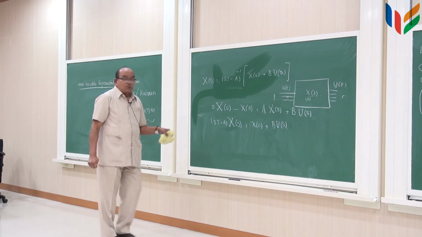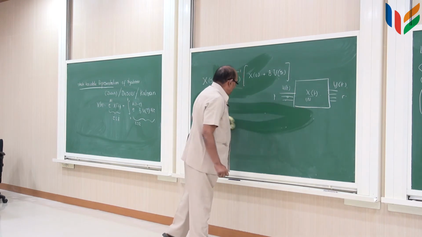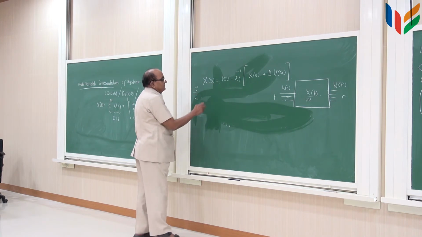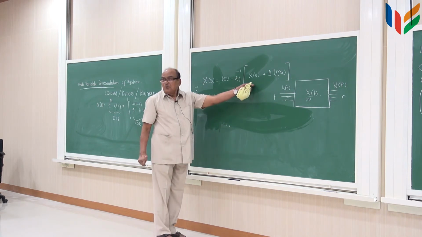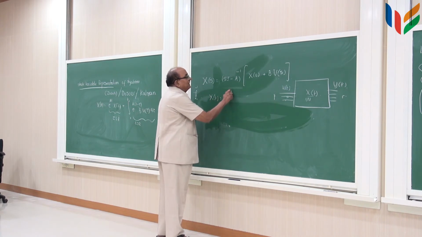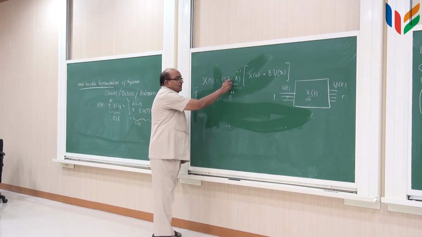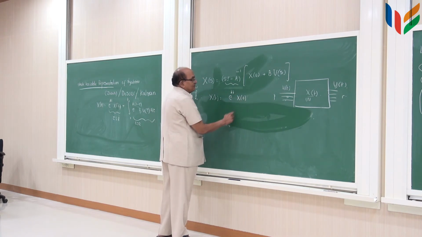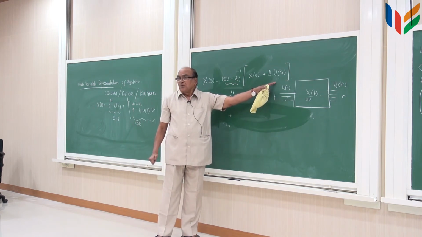If you now take the inverse Laplace transform of this, x of t is equal to, x of 0 is a constant, so if you call the inverse transform of this e to the power of at, it is e to the power of at into x 0 plus, this is a product of two Laplace transforms.